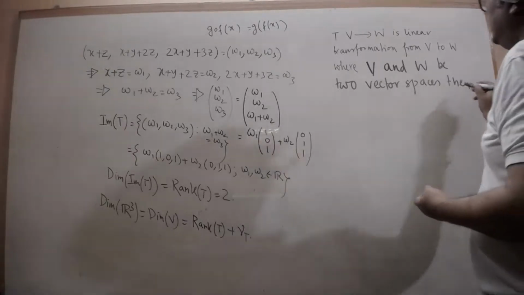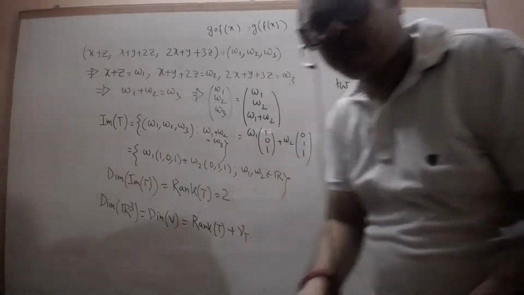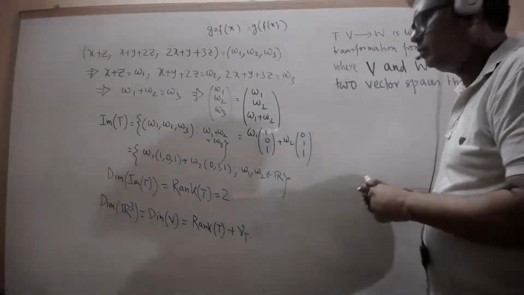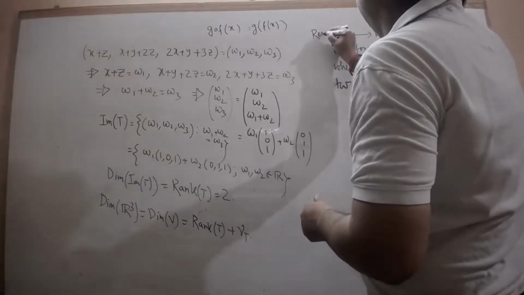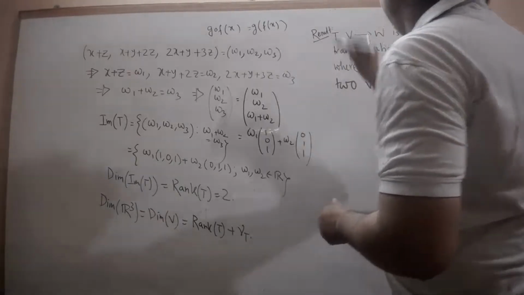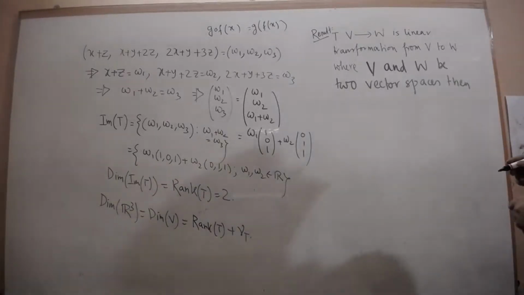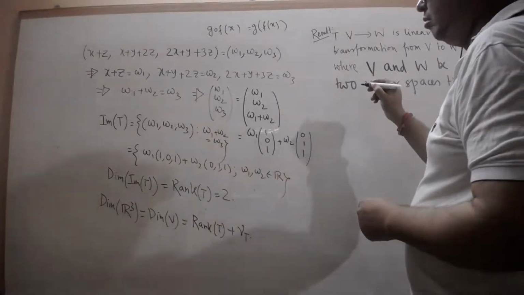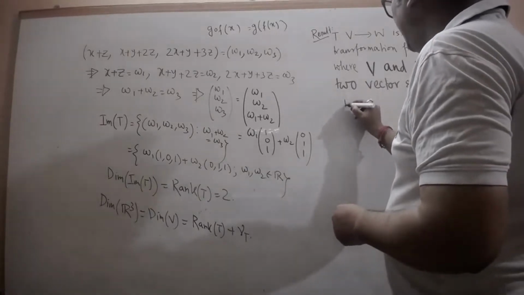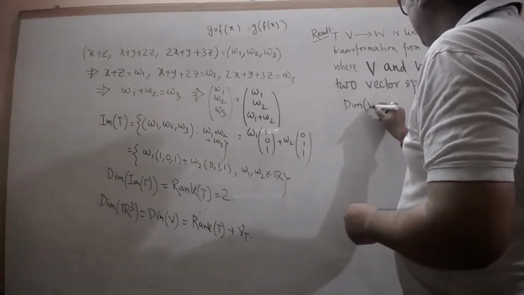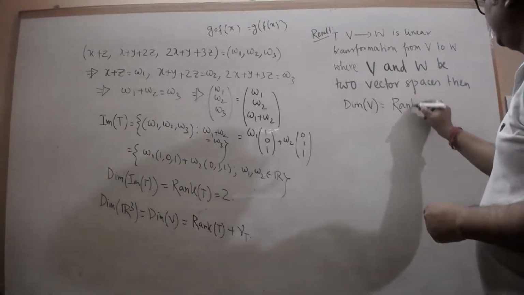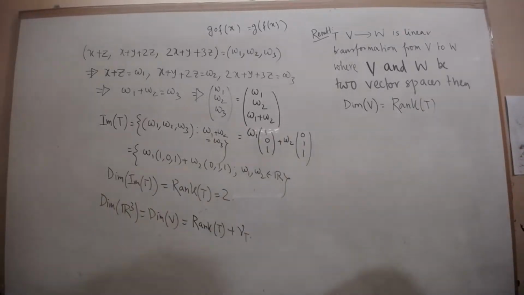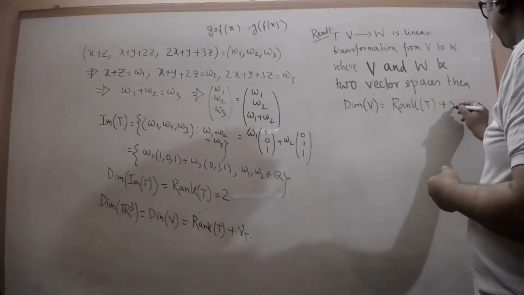Then the dimension of V is equal to the rank of T plus the nullity of T.